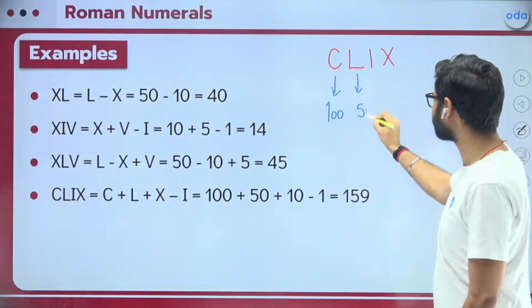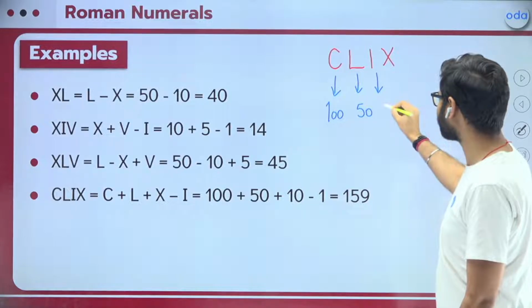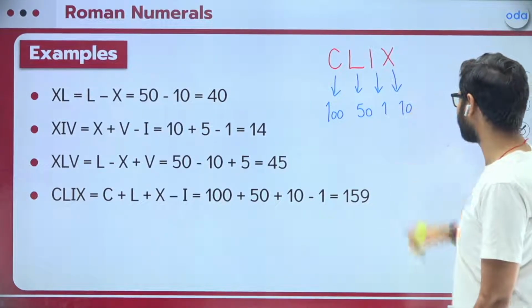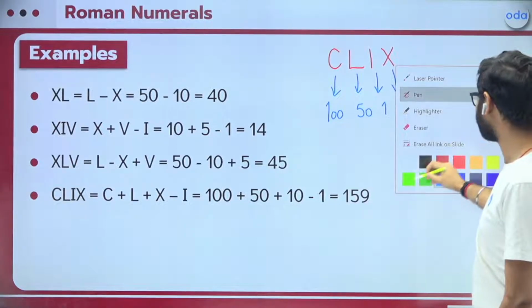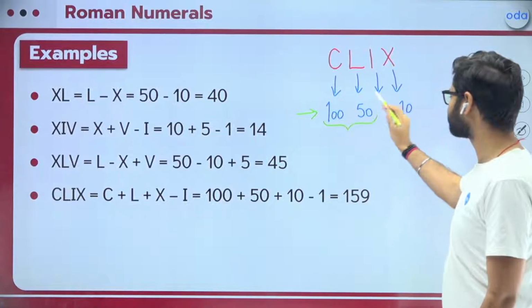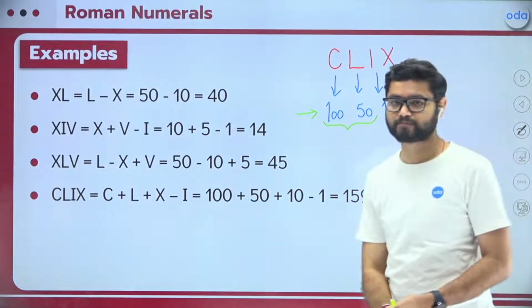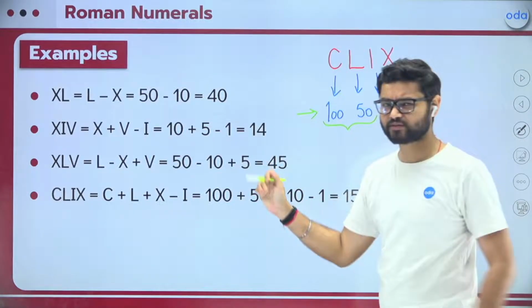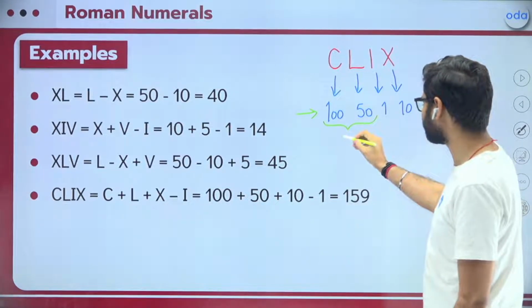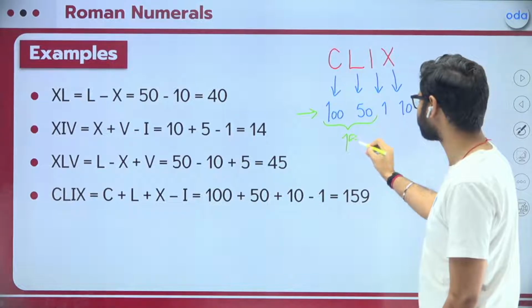Then I have I, which is 1, and then we have X, which is 10. Let's start from the left hand side. So C and L, 150. Bigger on the left, smaller on the right, addition, rule number 2. So it will become 150.